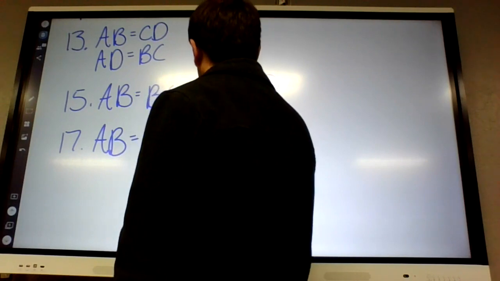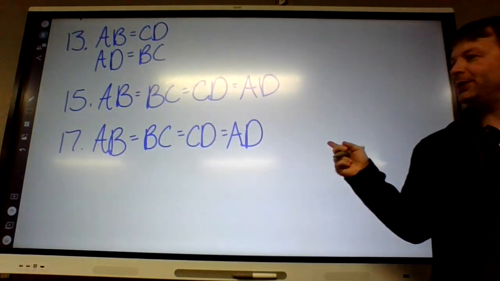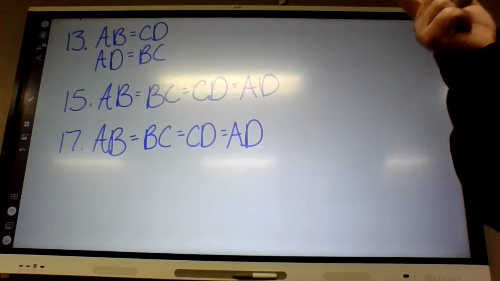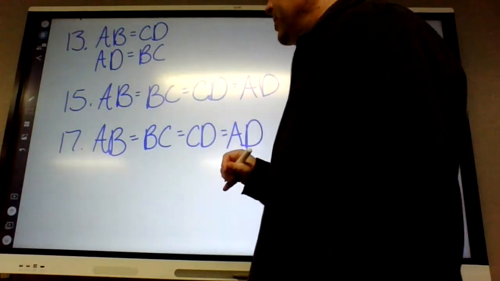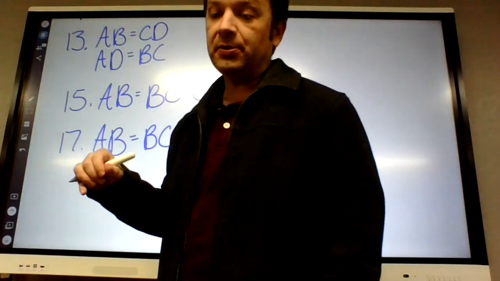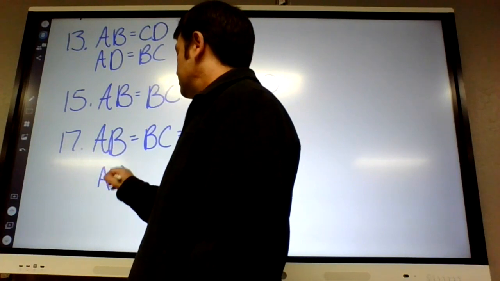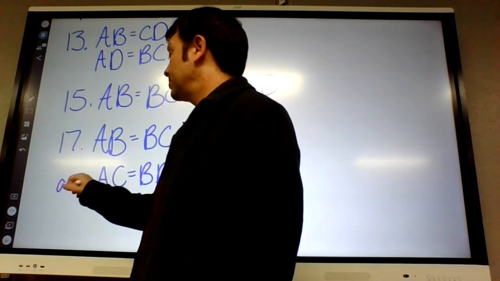Don't the diagonals need to be the same thing? Yeah. So all the sides being equal makes it a rhombus like number 15. But you also need it to be a rectangle, and for it to be a rectangle, the diagonals would have to be the same. So AC equals BD also needs to be true.